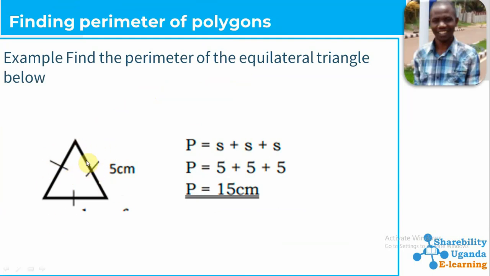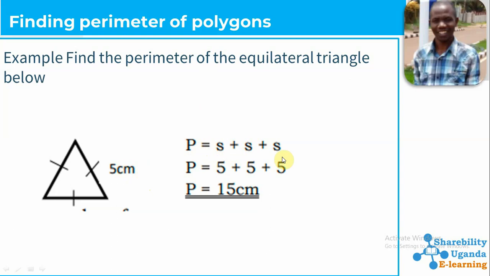So since our perimeter is the total distance around the figure, we shall take this side and also this side and also this side. We add them. So when we add them, we should be able to come up with what? With the perimeter. So now here we shall be able to state that our perimeter is equal to side plus side plus side. So it depends on the type of what?